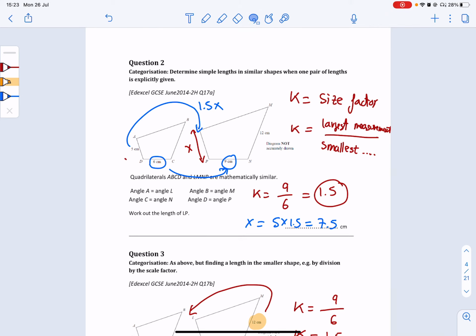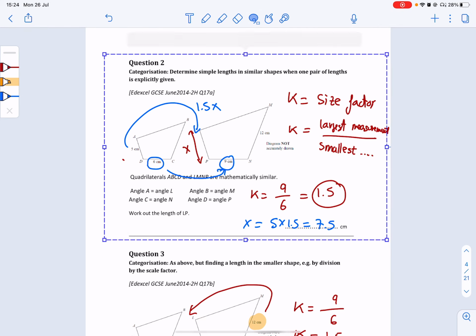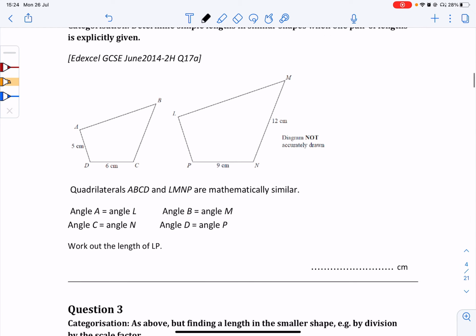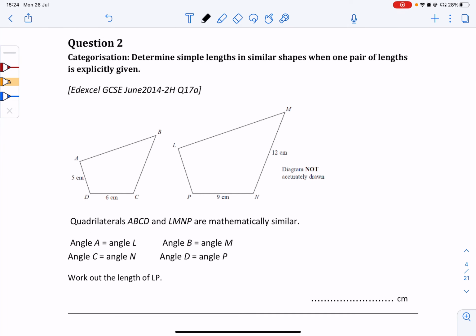So knowing now that you can calculate, or you should be able to calculate, what a scale factor is, I would like to get into the questions. The way you do these questions is literally by calculating scale factors.